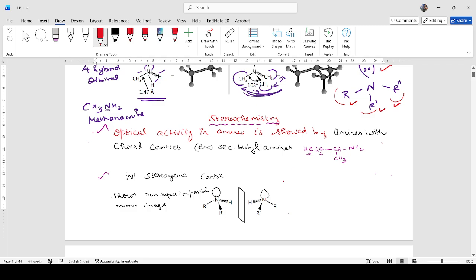What do we mean by an optically active species? The one which shows non-superimposable mirror images. So I put it in a mirror, and you can see the flip of the lone pair. They become non-superimposable mirror images. That means they are enantiomers, isolable enantiomeric pairs.